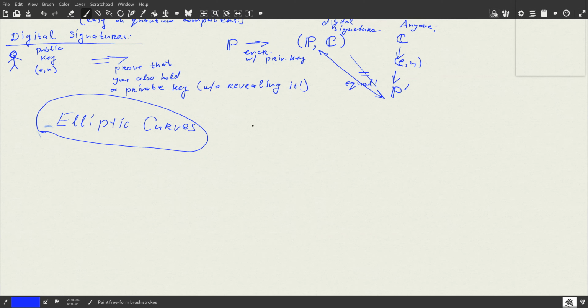X squared divided by A squared plus Y squared over B squared is equal to 1. So basically it is a quadratic curve. Ellipse is a quadratic curve. But somehow elliptic curves are cubics.